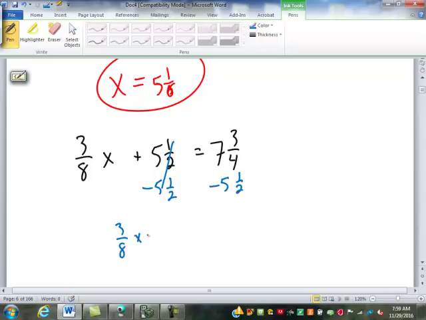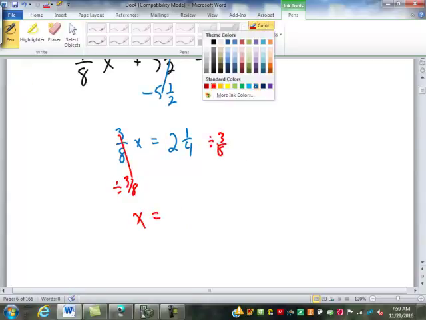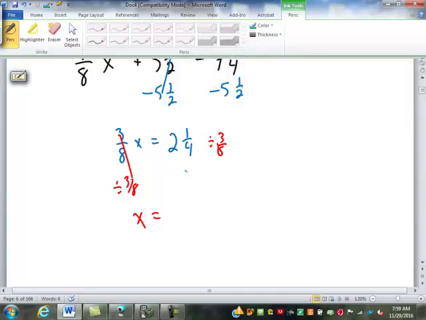So 3/8 x equals 2 1/4. Then you have to divide by 3/8. So x equals, this is going to be what, 9/4 times 8/3. So 3 and 1, 1 and 2, that does equal 6.